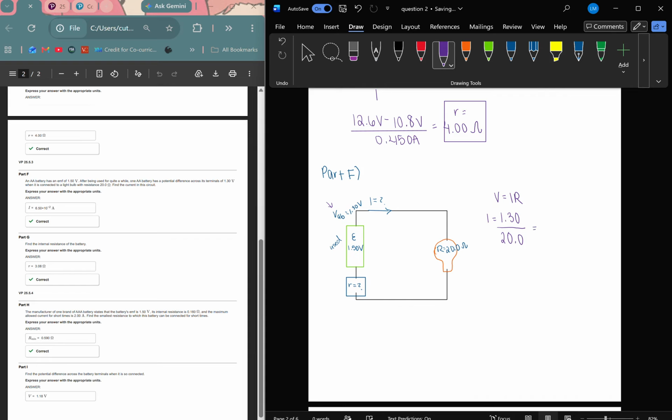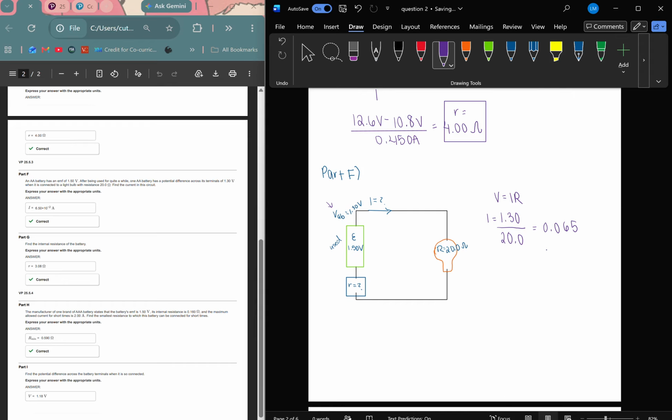So I'm going to put that in the calculator. 1.30 divided by 20, and I got the answer as 0.065, and we're going to make it amperes.